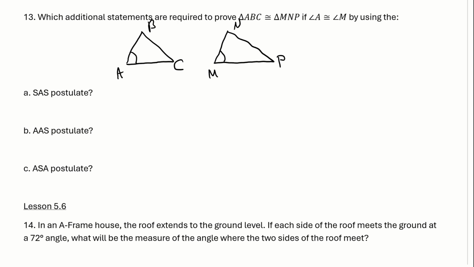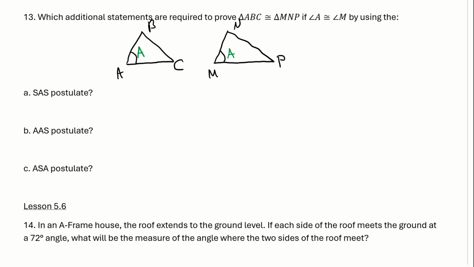Okay. Therefore, we got ourselves an angle, right? So how do I prove it with side angle side? Or what do I need to establish congruence? So if I need SAS, that means I would need these 2 sides, right? So I would need to know that AB is congruent to MN.